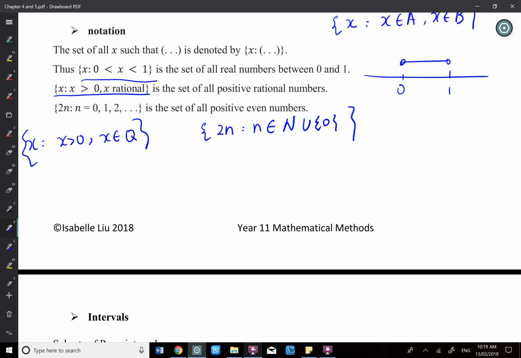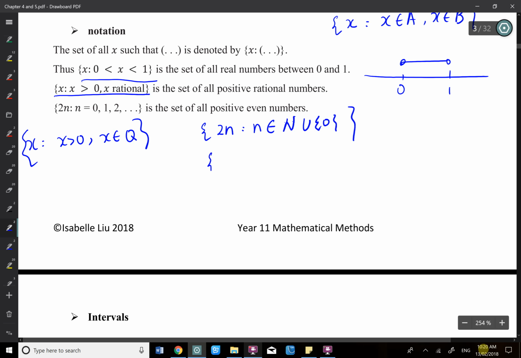I can also write it in another way. If you substitute the values in, it will be a collection of 0, 2, 4, 6, and so on. And I can say it's a collection of even numbers.